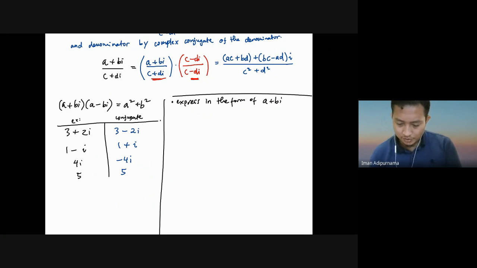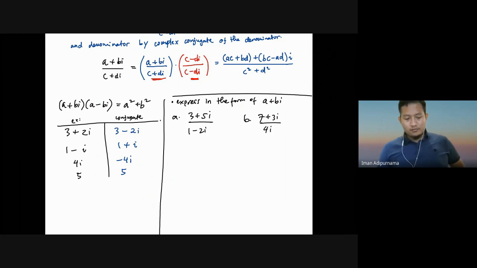So for example, we have two questions here. The first is 3 plus 5i divided by 1 minus 2i. So we need to remove the denominator.